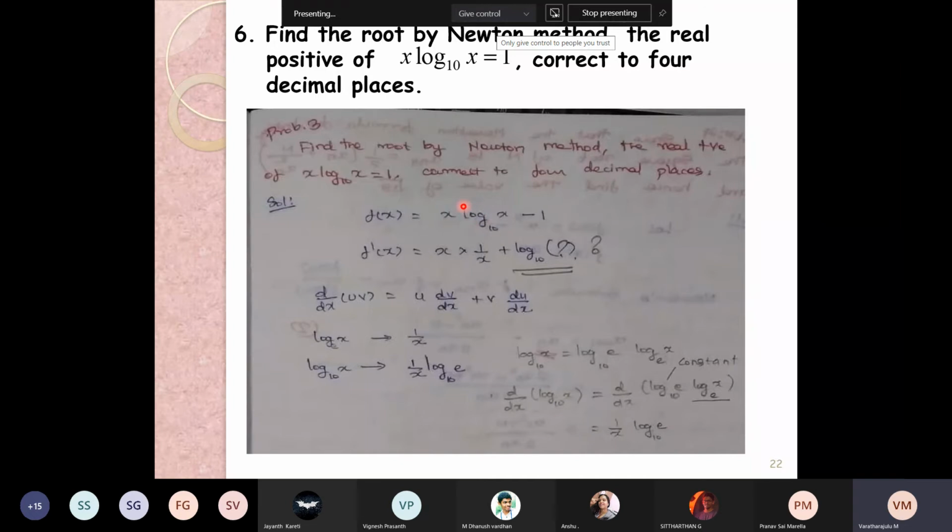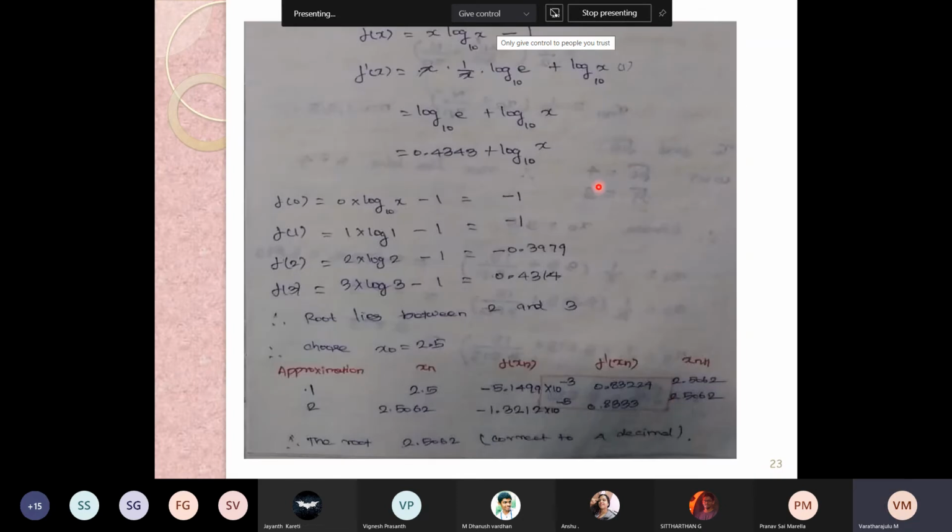So, if f of x is equal to x log base 10 x minus 1, f dash of x is equal to x times 1 by x log base 10 e, plus log base 10 x times 1. The minus 1 becomes 0, so don't worry about it.